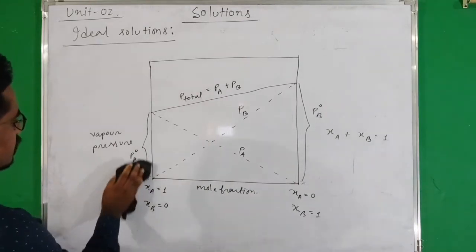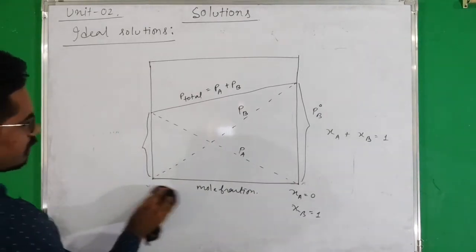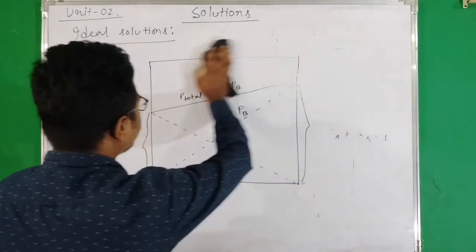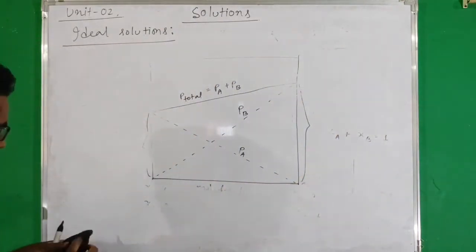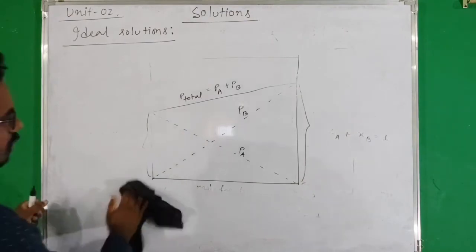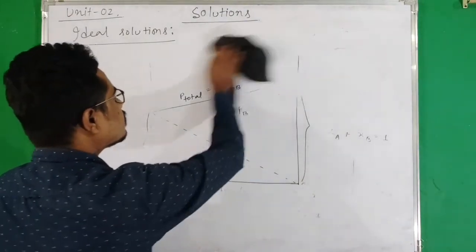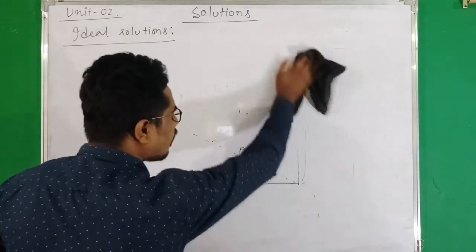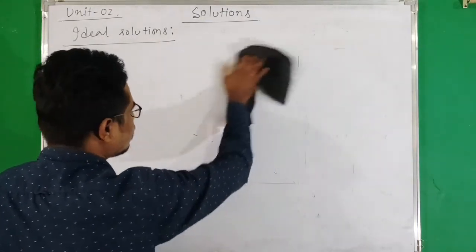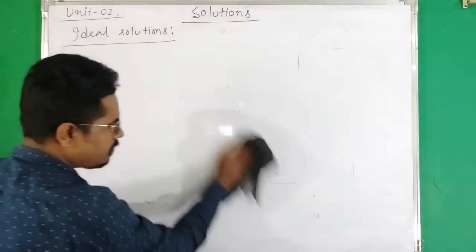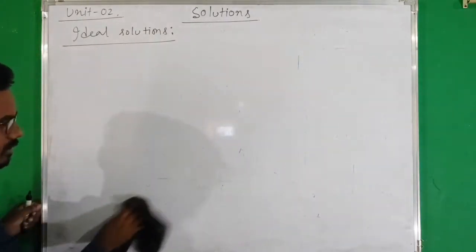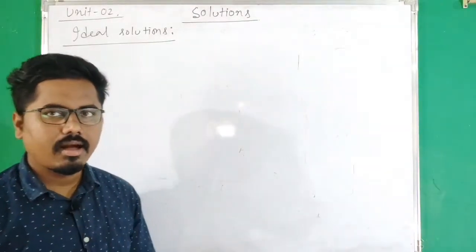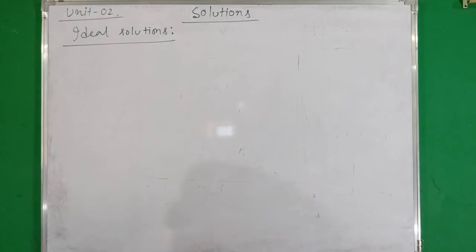Whatever the concentration is, these solutions will always obey Raoult's law, okay. So we can say that the solutions which obey Raoult's law over the entire range of concentration are known as ideal solutions.